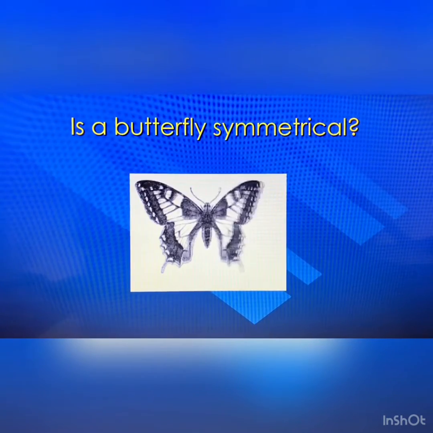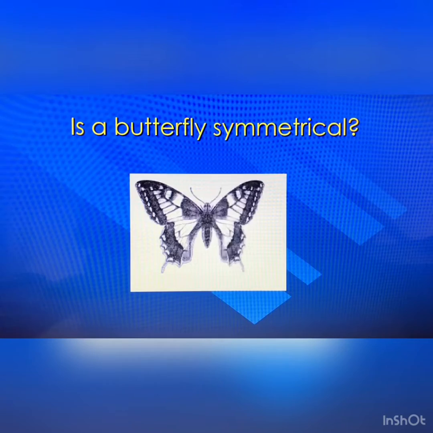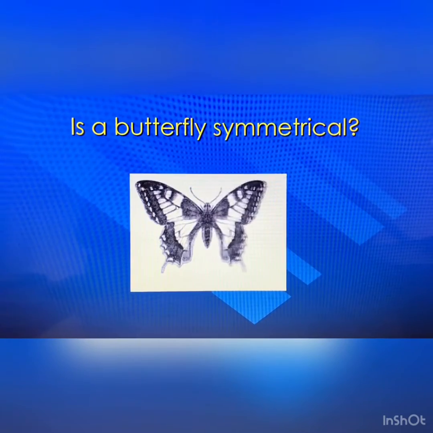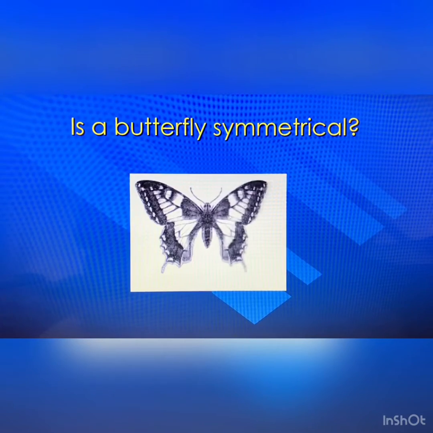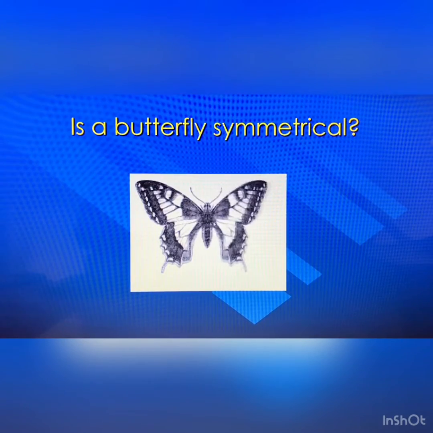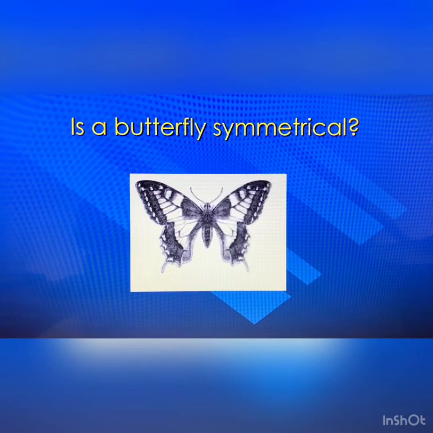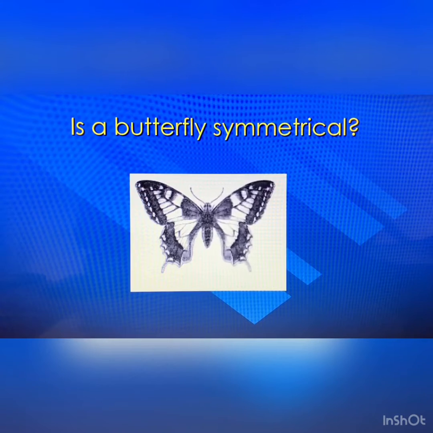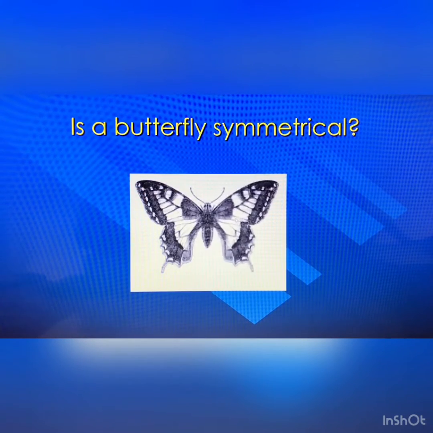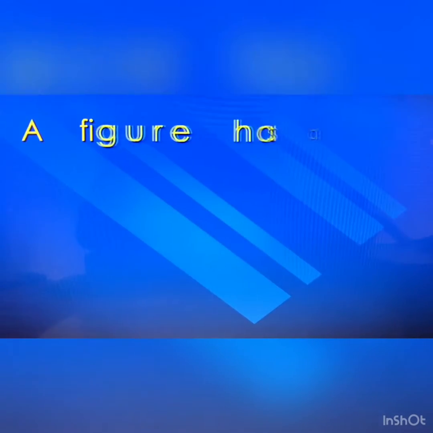You can see here this part, there are 2 parts in this butterfly and they are exactly superimposed on each other. Her wings are exactly superimposed on each other, means both parts are exactly same, then this is symmetrical. 100% this is symmetrical.